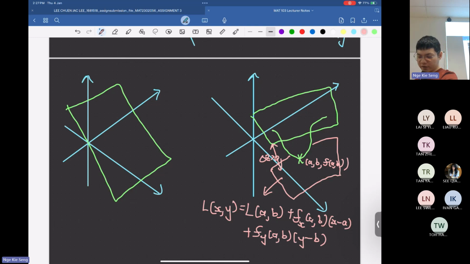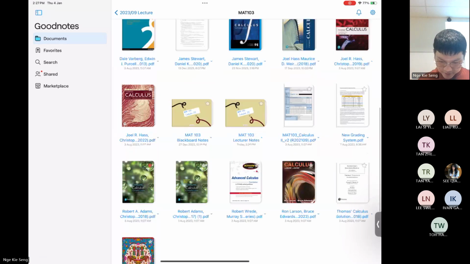So what's the definition of linear approximation? Let me recall.